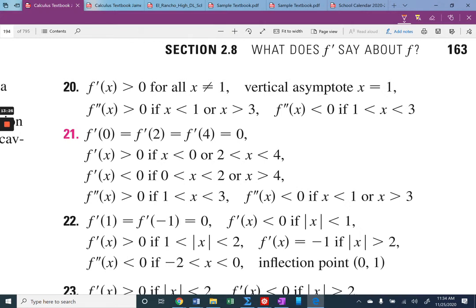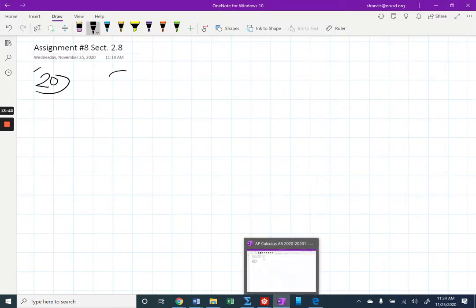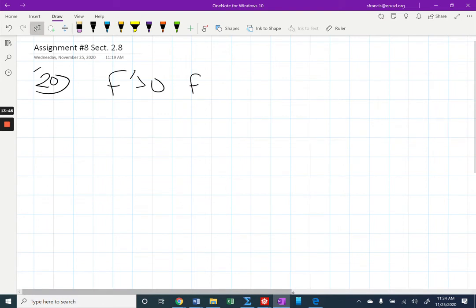Let's squeeze another one in this video. Number 20. We're trying to sketch a graph of a function that satisfies all of these things here. I'm going to have to get to my note-taking app for this so that we can see what's going on. So we want f prime greater than 0 for all x not equal to 1.